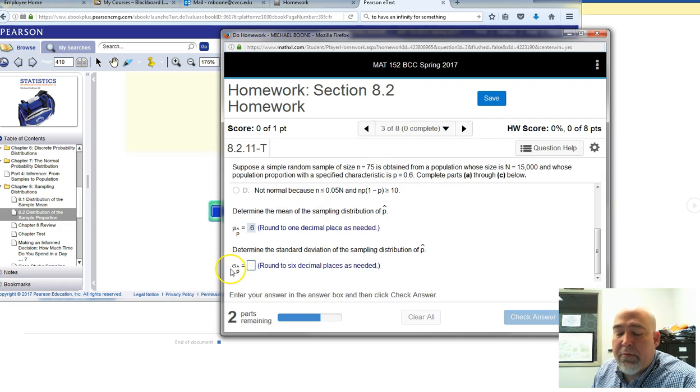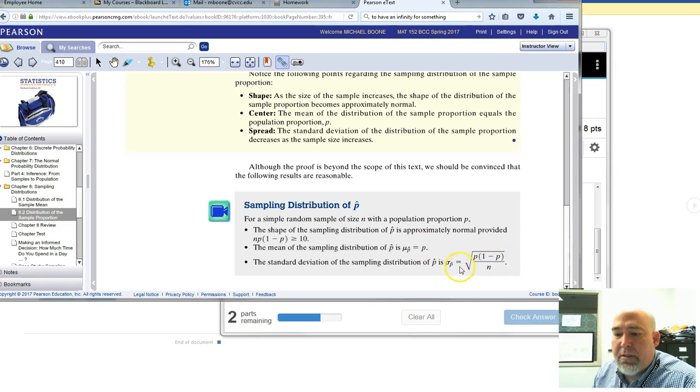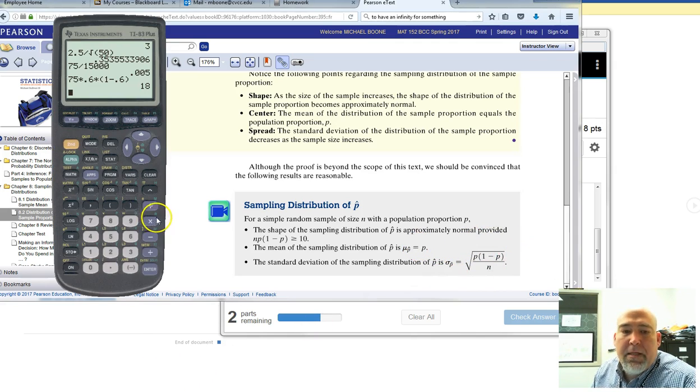Next is going to ask us to find the standard deviation of our p-hat, again, how much our numbers vary. Formula, again, square root of p times 1 minus p over n. On my calculator, I can do square root of 0.6 times, again, 1 minus p, or 0.4, divided by n. Our sample size was 75.